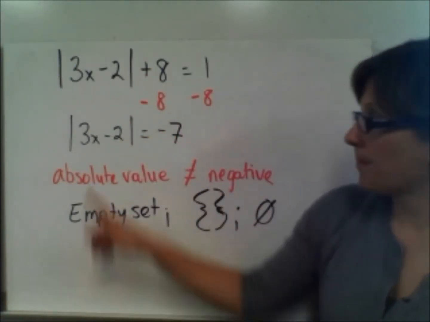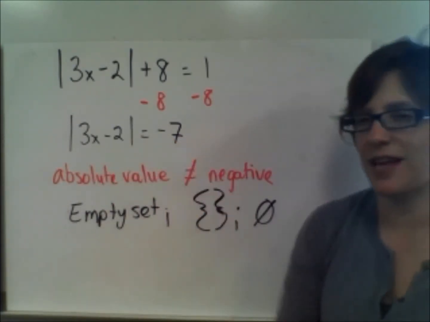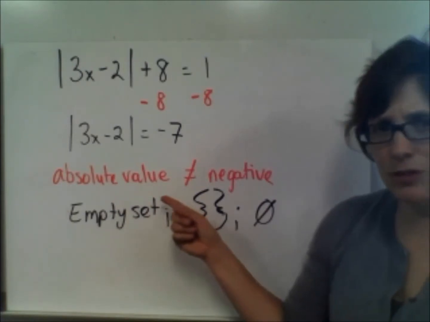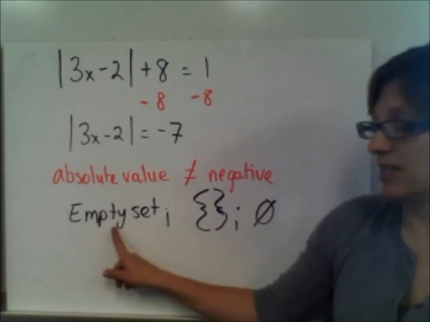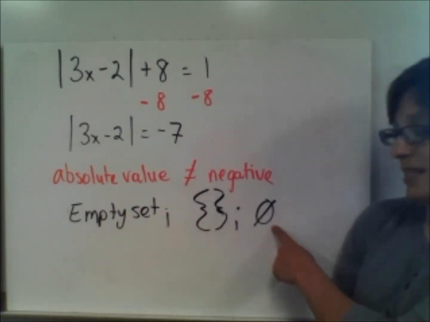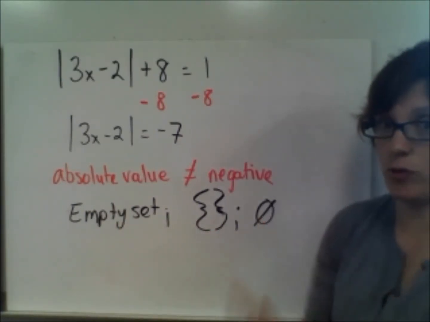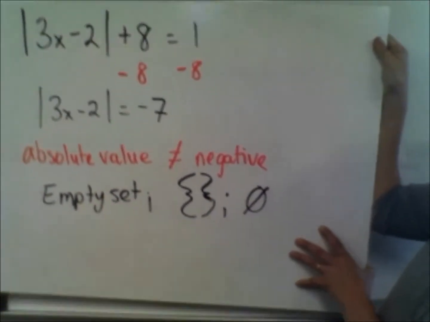But now I have a problem. Absolute value of whatever equals negative 7. And absolute value can't equal negative. So your answer here is the empty set, which you can write as two empty brackets or as a 0 with a slash through it. It's the empty set. Absolute value cannot be negative.